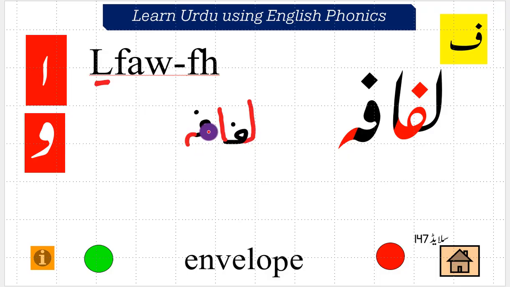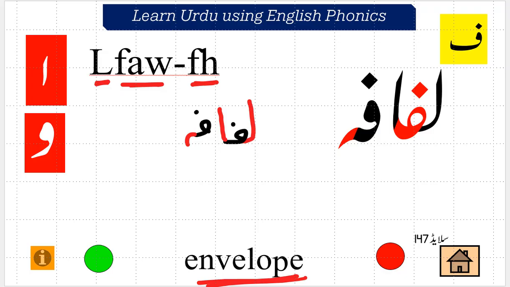L, fa, la, fa, ha, la, fa. So over here I've got the phonetic code l, fa, la, fa, and fa, la, fa. Lafafa. In English we say it's an envelope. The ha sound we haven't read until now. We'll learn it later, but for the time being I brought this word so that you get used to blending with the f sound.